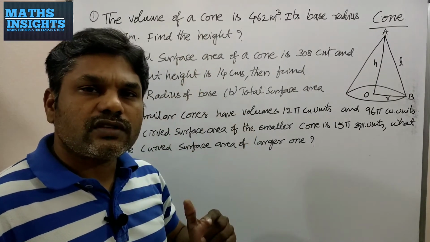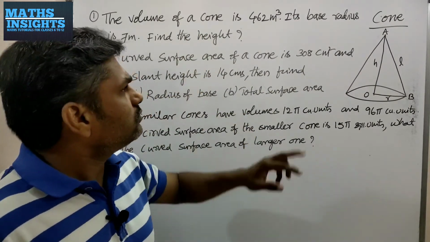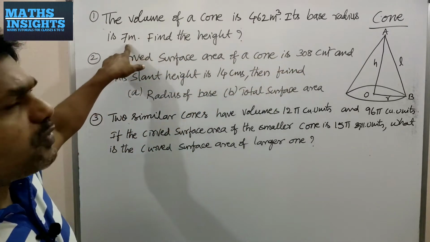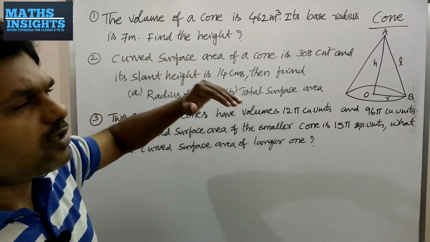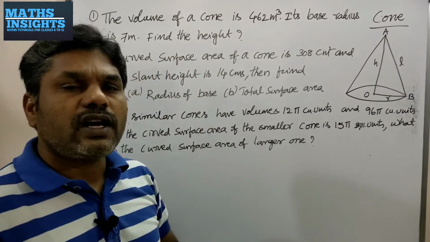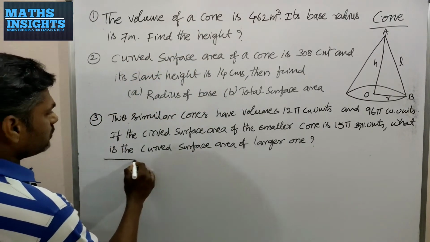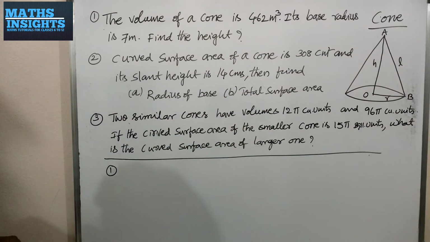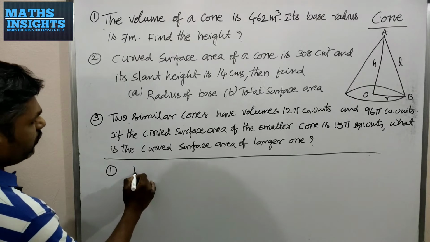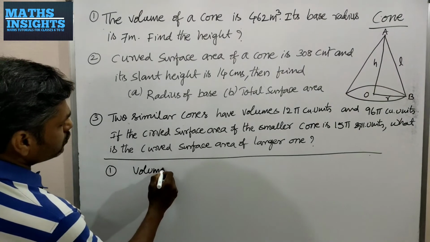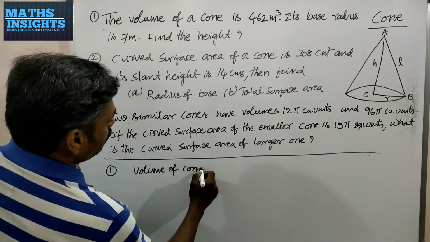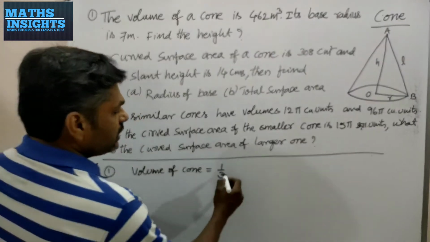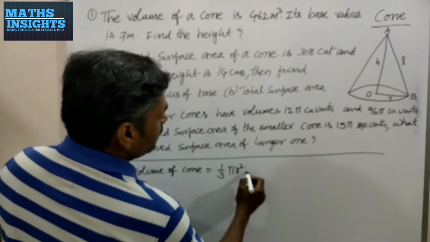By using the formula for volume, you have to equate it, and you have to substitute the radius of the circular base also, then find the height. See, I am doing this problem here. The first problem says the volume of cone is equal to, how to write the formula, 1 by 3 pi r square h.